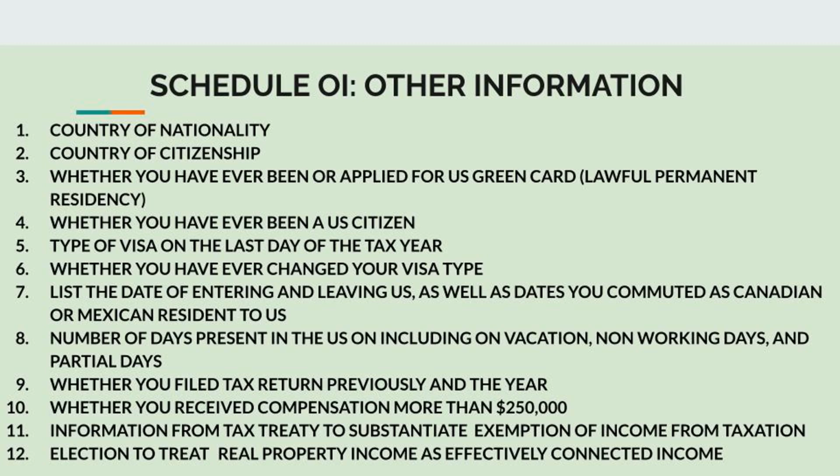Also, speaking of that, if you're here in US on one of those exemption visas like F, J, Q, or A visas, that exemption doesn't apply, meaning that whether you make the effectively connected income election or not, you still would pay the capital gain tax on your property when you're selling it.